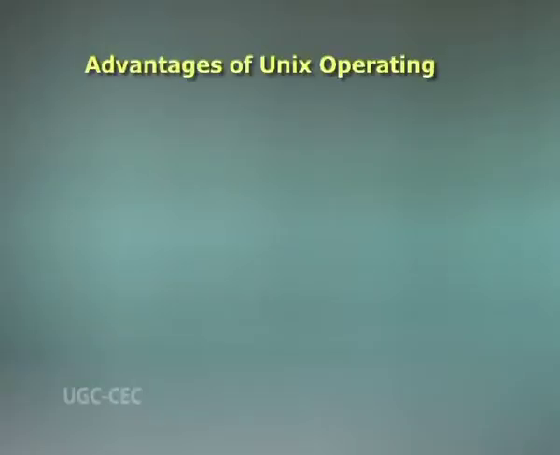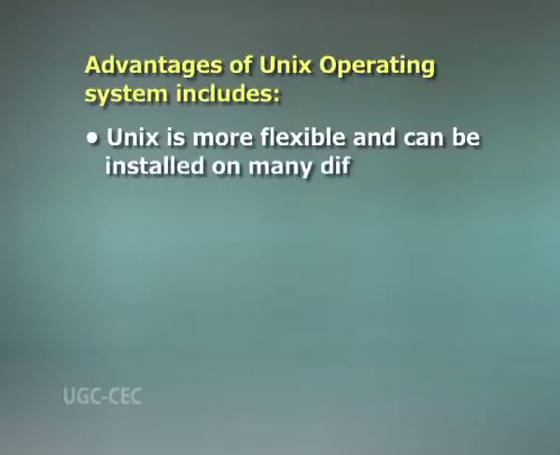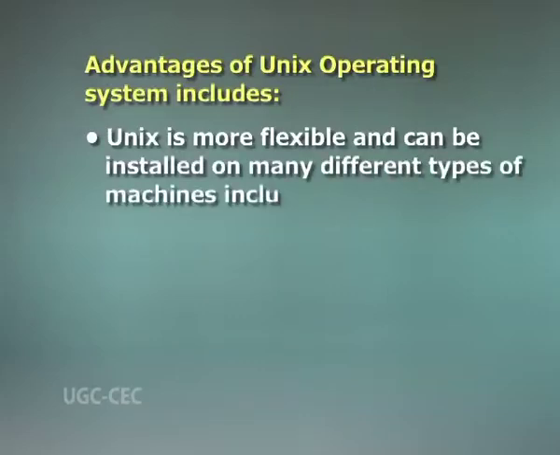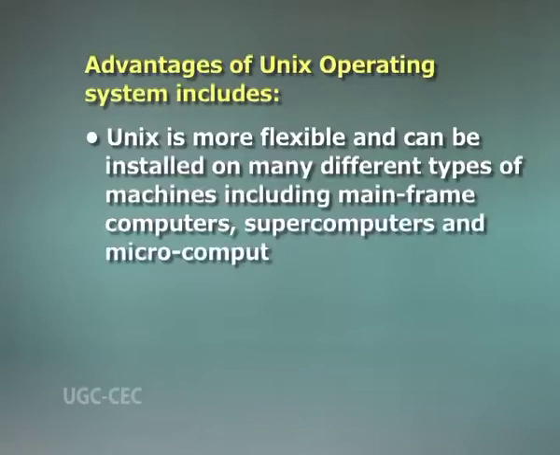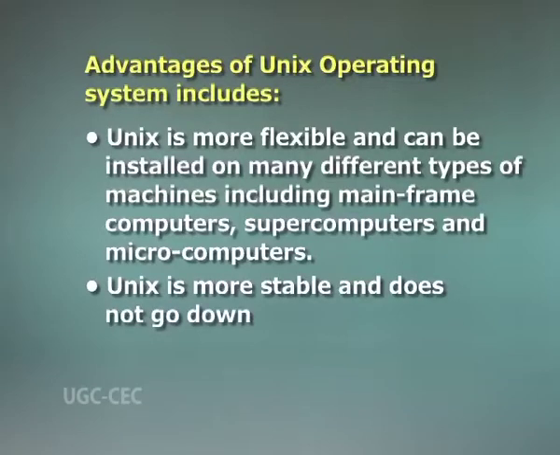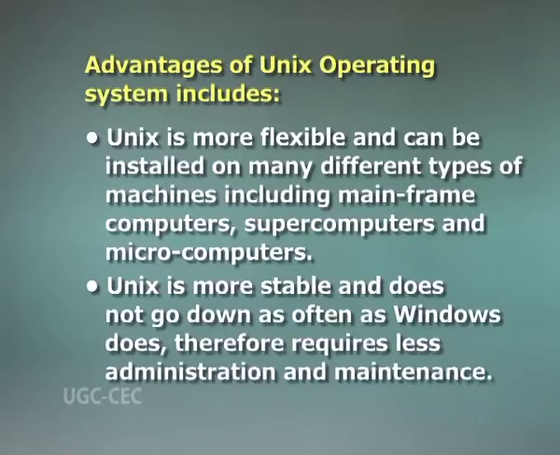Advantages of the Unix operating system include: Unix is more flexible and can be installed on many different types of machines, including mainframe computers, supercomputers and microcomputers. Unix is more stable and does not go down as often as Windows does, therefore it requires less administration and maintenance.